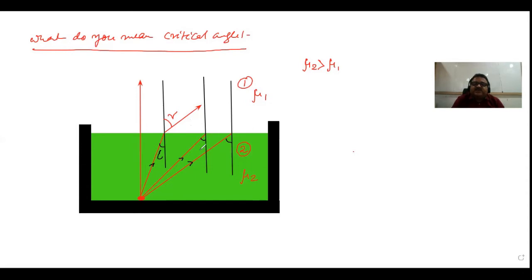In this way, when the angle of incidence, that is I, is equal to a special angle theta c, when I is equal to theta c, these rays of light will go like this.